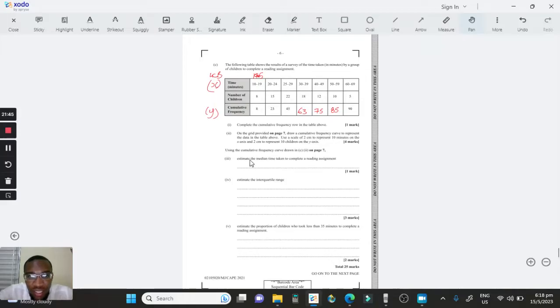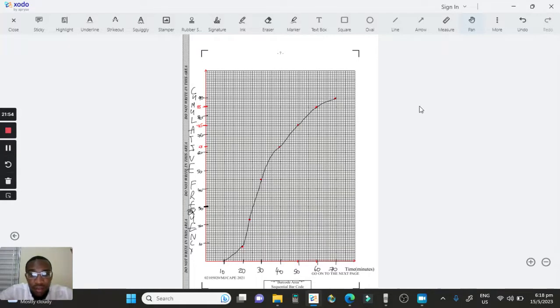Now it says estimate the median time taken to complete a reading assignment. So to find a median is just like regular math. You divide the cumulative frequency, 90 divided by 2 is 45. So then you draw your line at 45 going across. At 45 going across is right here. And 45 was in the table, luckily.